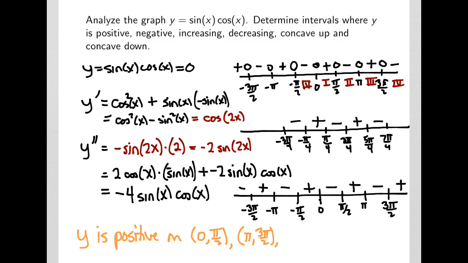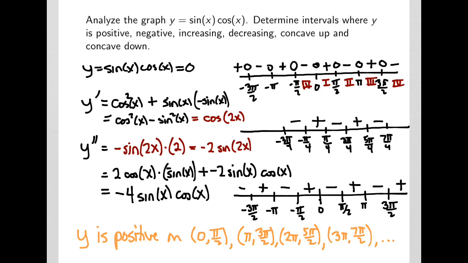And I'm going to start a pattern. 2 pi to 5 pi over 2, 3 pi to 7 pi over 2, and so on forever. And so that's where I'm positive.